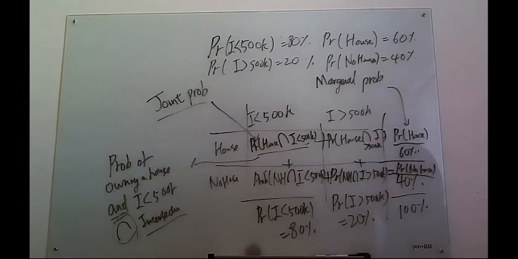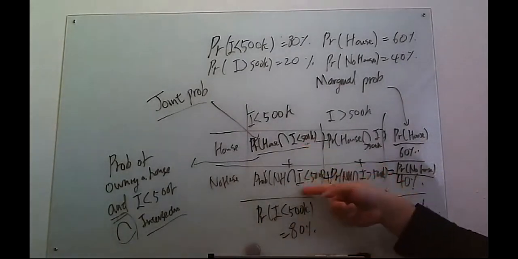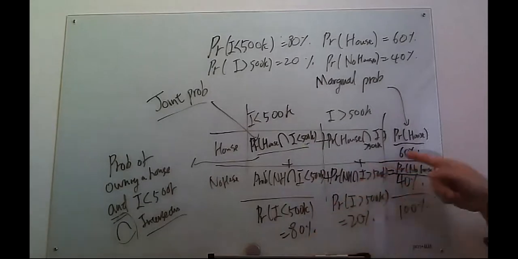And then, given this, how do we get the range like we discussed before? Let me give you some hint. I said the summation of this would be 80%, and the summation of this one is 60%.